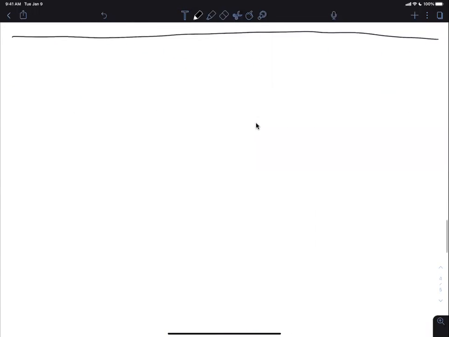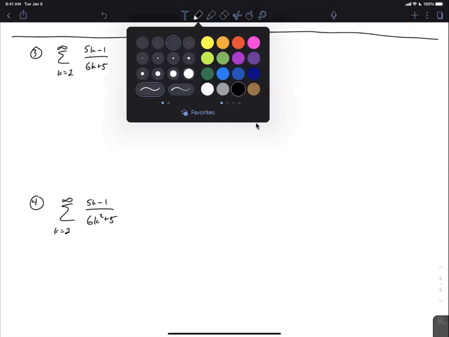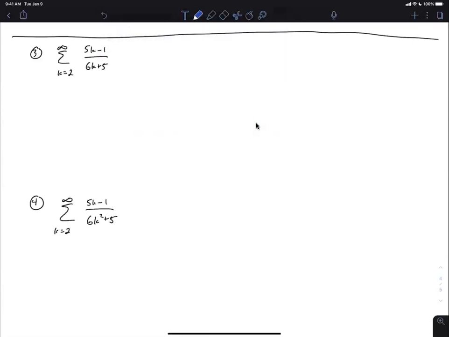And question 3 then is the sum from k equals 2 to infinity of 5k minus 1 over 6k plus 5. And number 4 is the sum from k equals 2 to infinity of 5k minus 1 over 6k squared plus 5. I want to work both of these.